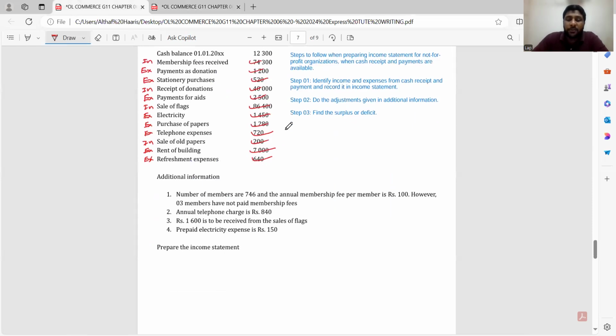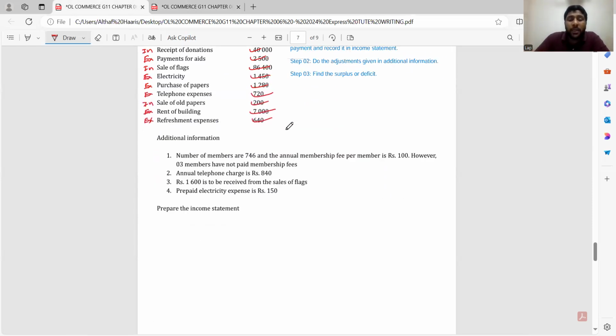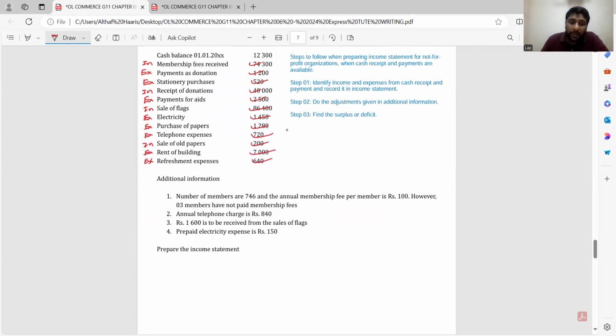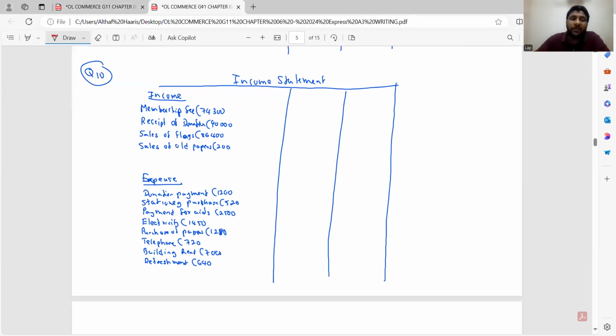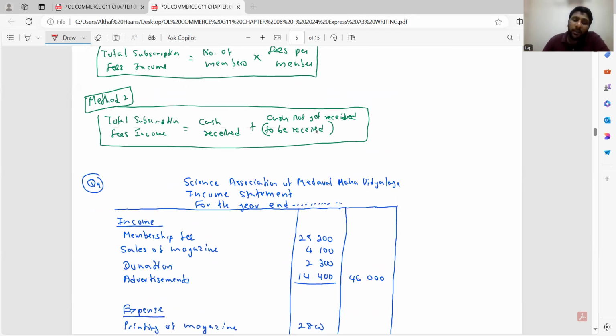Okay. So now let's take one by one. Total number of members are 746. Annual membership fee is 100. However, 3 members have not paid the fees yet. So people, I told you previously, total income equals total cash received plus cash to be received.